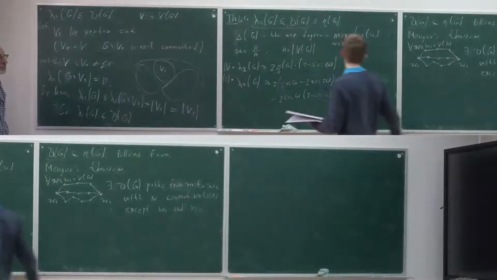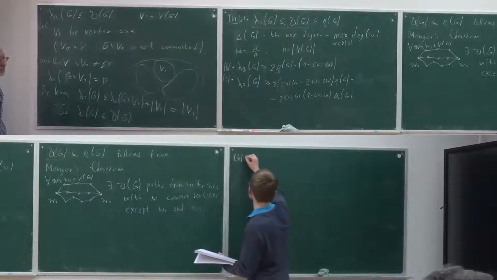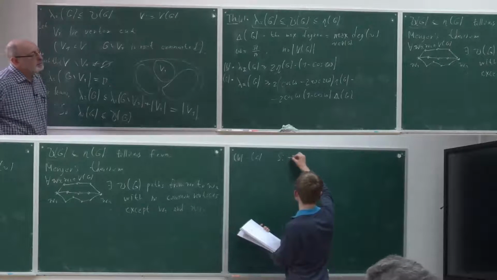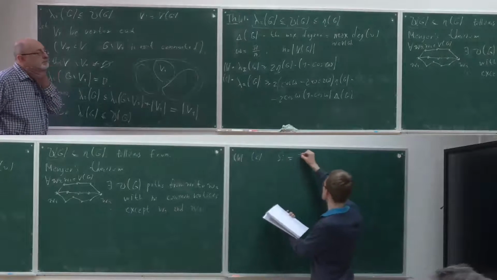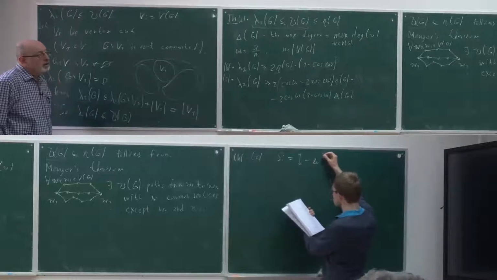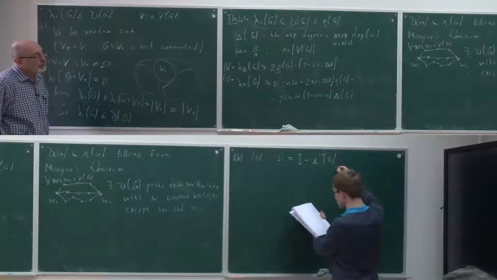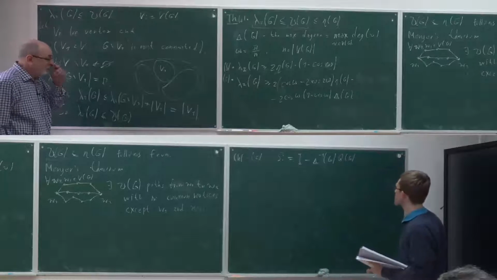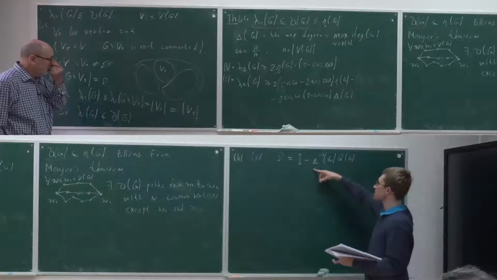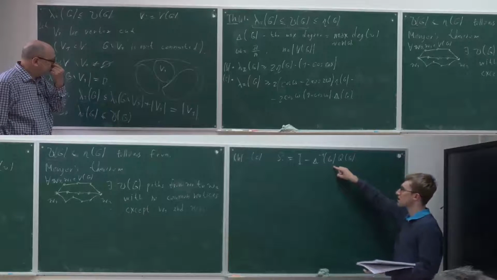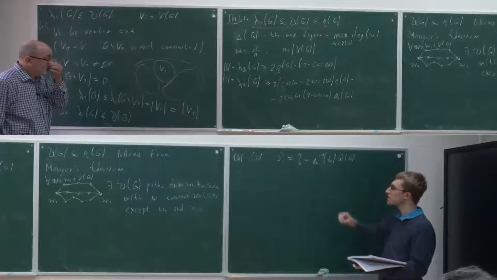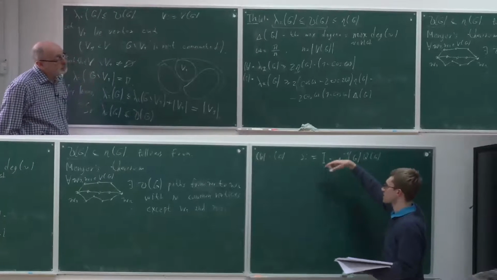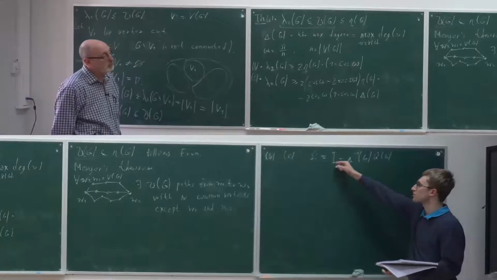So now I'm talking about B and C. I'm going to consider such a matrix, I will denote it by S, and it is the following. I take the Laplacian matrix, multiply it by the scalar which is the inverse of the maximal degree, take it with minus and add the unity matrix.